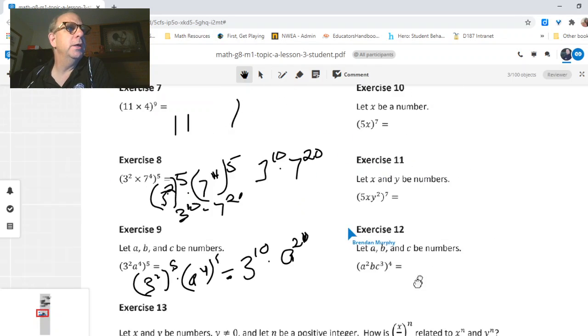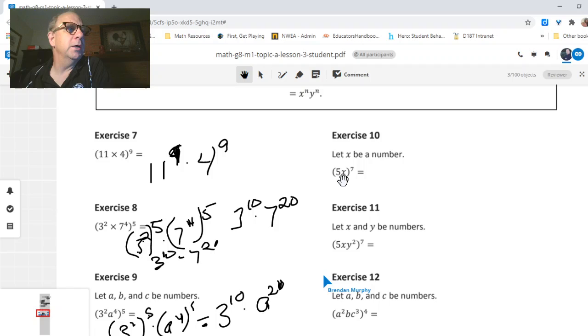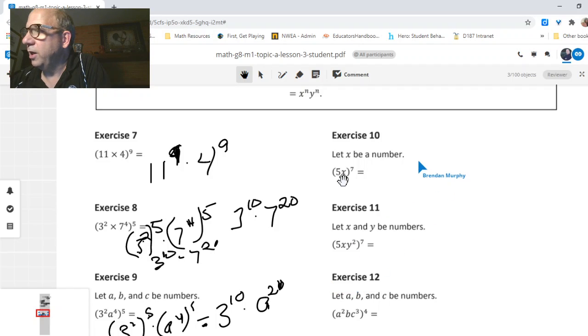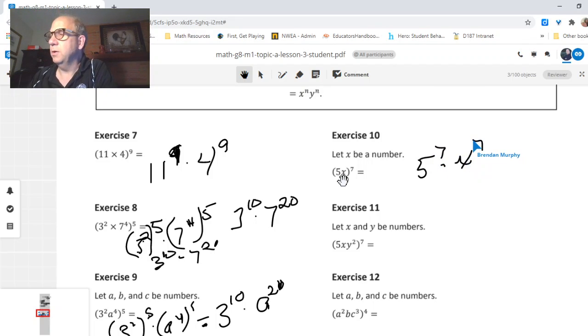Exercise 10. Let x be any number, 5x to the 7th. So I'm going to separate those. 5 to the 7th power times x to the 7th power. That's all. If I take a look at the next one, 5xy squared to the 7th power. I'm going to split them up.